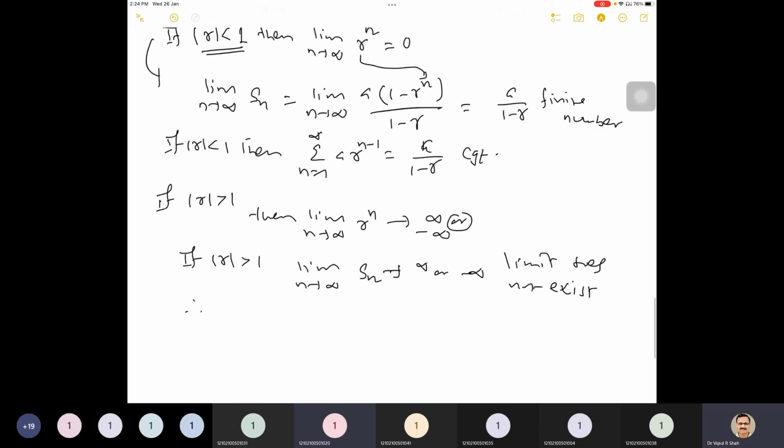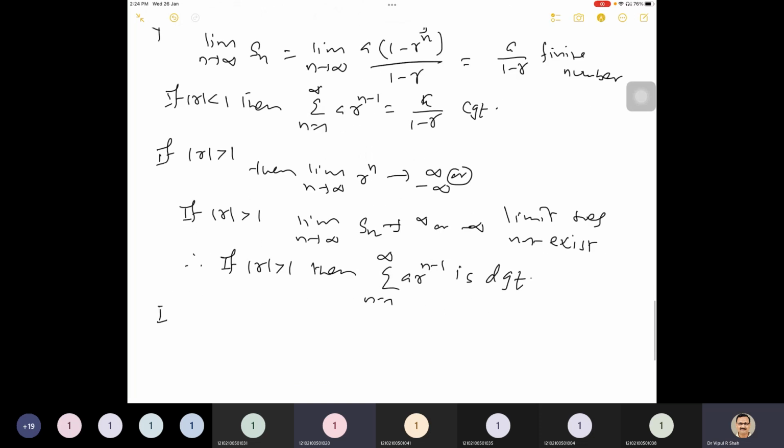That means if modulus r is greater than 1, then this geometric series is divergent. It is not convergent.